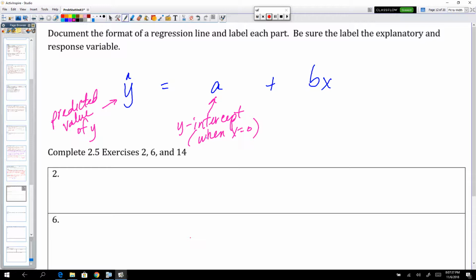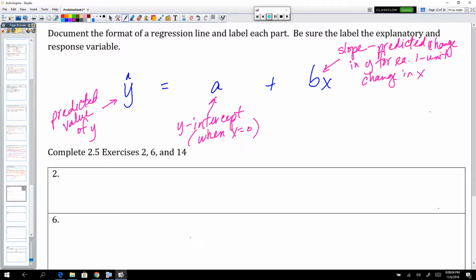Your b, of course, is your slope. Your slope, you need to understand that that has meaning. The slope is the predicted change, or rate of change, predicted change in y for each 1 unit change in x.